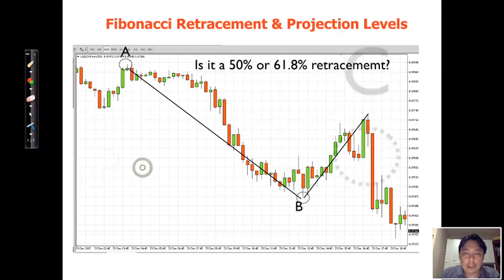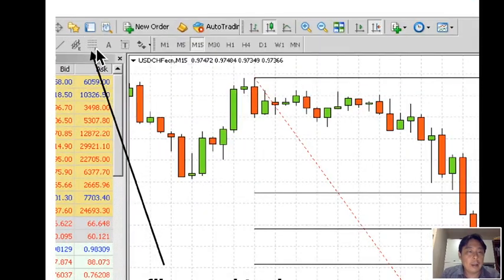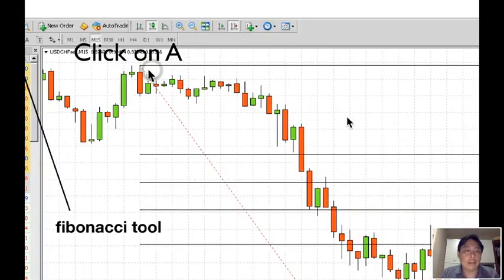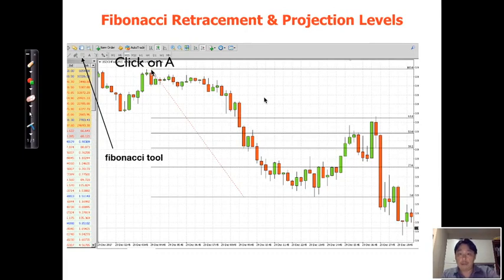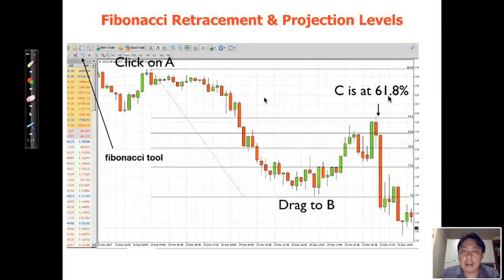All right, so A, B, C, okay? So again, click on the Fibonacci tool over there on your chart, MetaTrader 4, whatever charting software you're using, and you start by clicking on A. So you click on A, drag it to B, right? So B is there, and once you click on A, drag to B, release it, and take a look at C. Take a look at C. So is C at a Fibonacci level?